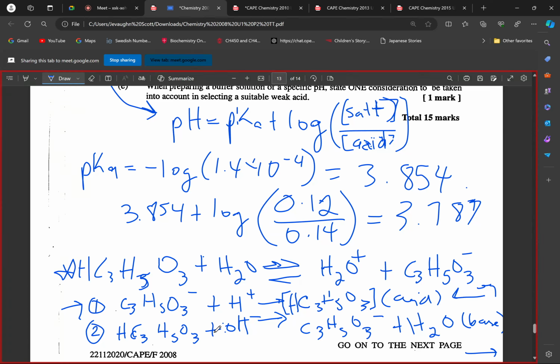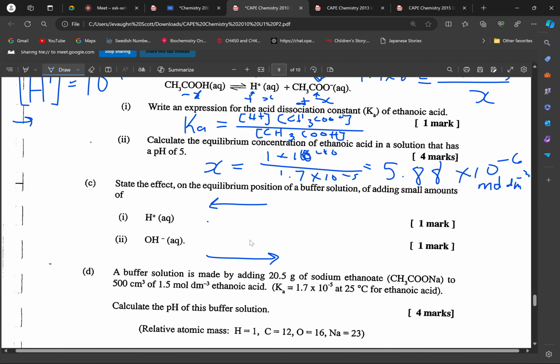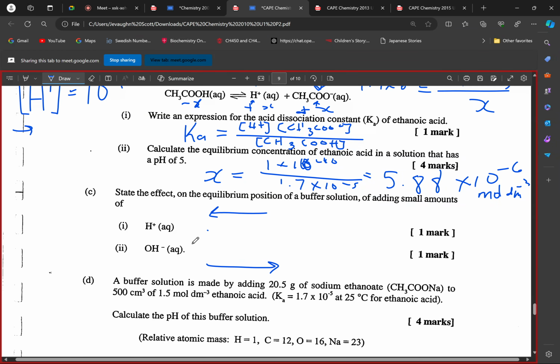And if we add a base, like hydroxide, it is our acid that will donate its proton to the hydroxide to form water. So it's in the hydroxide case that water is formed. When we add acid, that is when our original acid molecule is reformed.